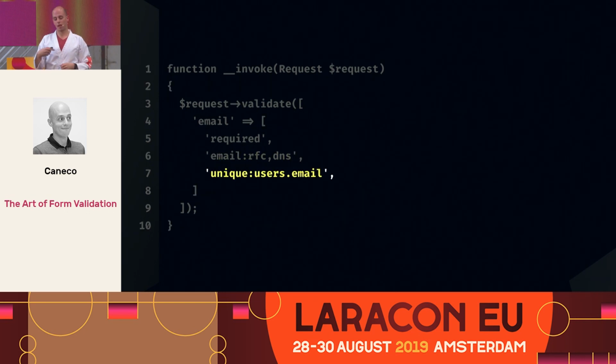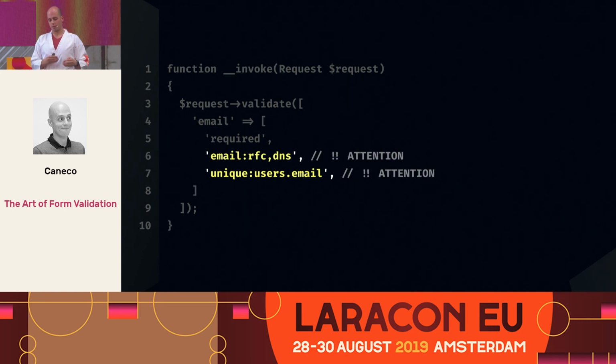And you can add your validation to check if the user exists in a database. But with those two together, I'm making a tiny mistake here. I'm sending an email address, checking right away if the DNS exists, and if it passes, then if it fails, it goes to my database.